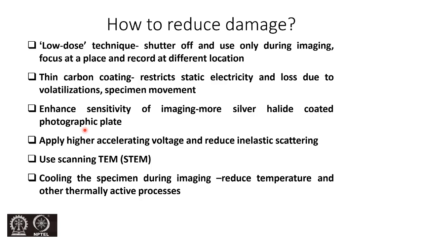A thin carbon coating can be applied to restrict static electricity and loss due to volatilization and specimen movement. Then enhance the sensitivity of imaging, with more silver and light coated on the photographic plate, that is for the instrument. And then apply a higher accelerating voltage to reduce inelastic scattering, that is one of the methods.